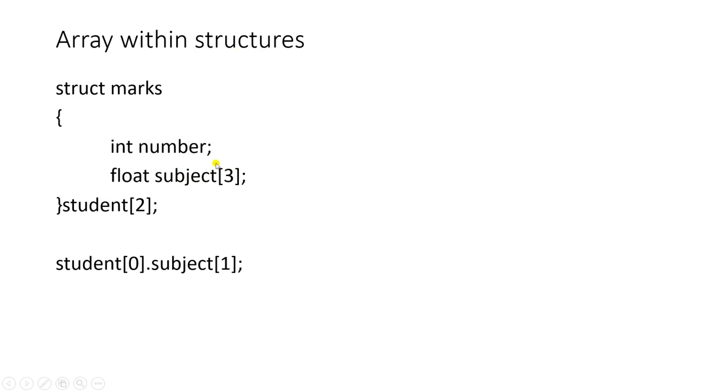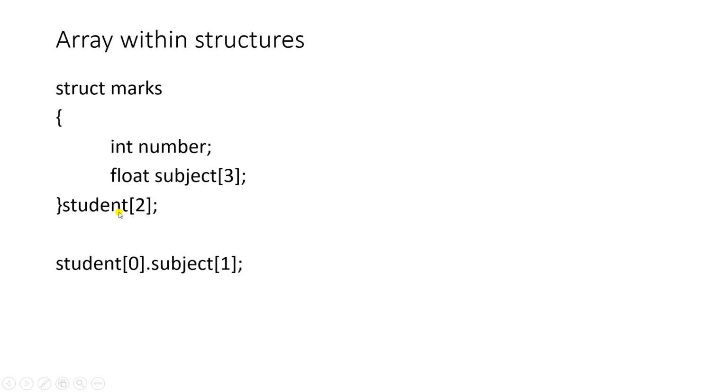So how do you access this subject? Here one example is given. If I want to access the mark of the first subject of the first student, I have to write student 0. You have stored the marks of two students. The first student's marks will be stored in student 0, and the second one in student 1.